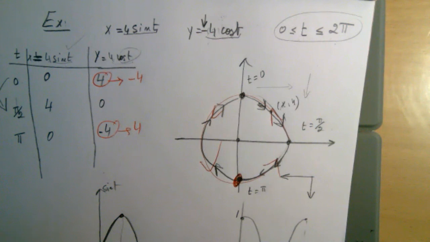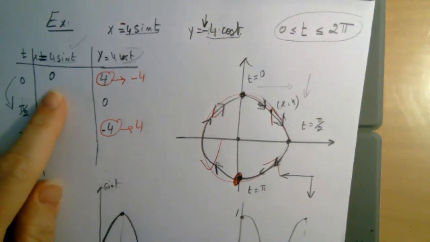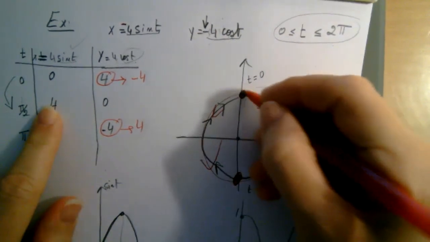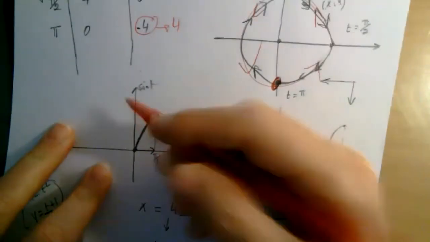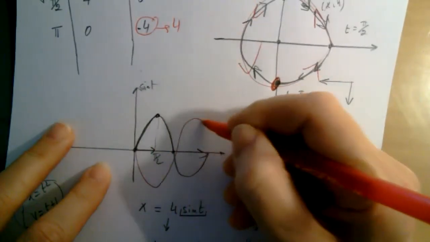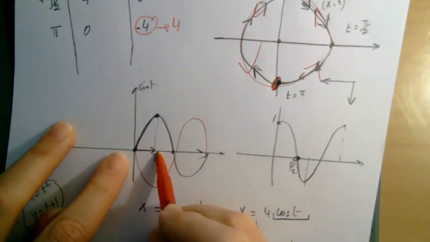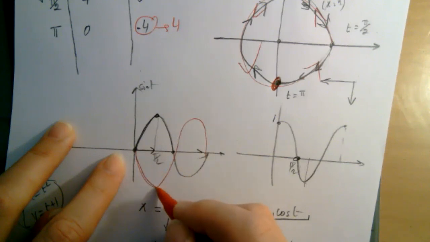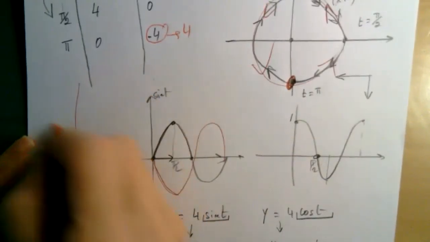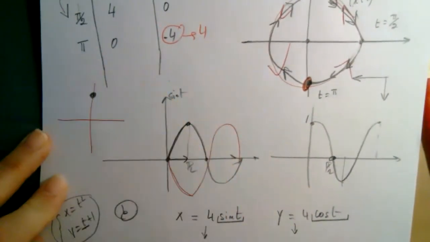Think about it, and put a minus here and see how things will be affected. You will start from here, but since you got a minus, look at what's going to happen according to the curve. Between 0 and pi over 2, the x coordinate is going to be negative. If I'm drawing the curve right here, we will start right there.